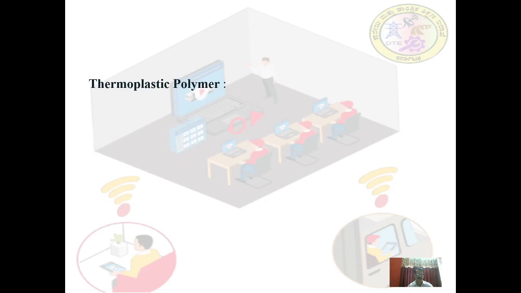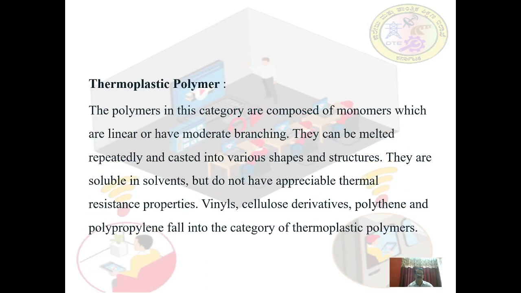Thermoplastic polymers. The polymers in this category are composed of monomers which are linear or have moderate branching. They can be melted repeatedly and cast into various shapes and structures.